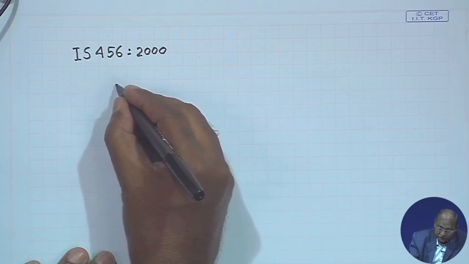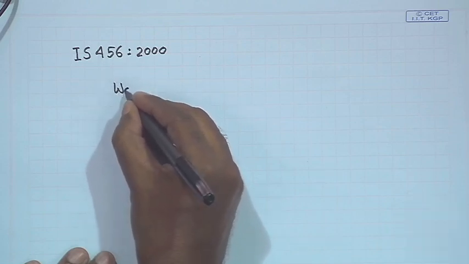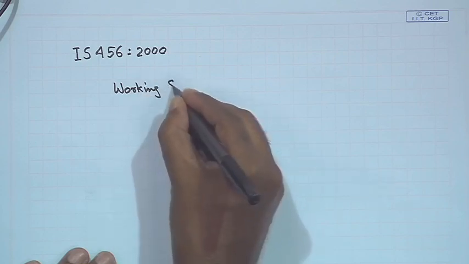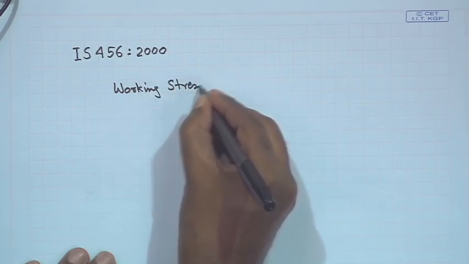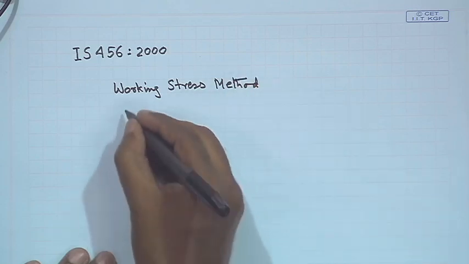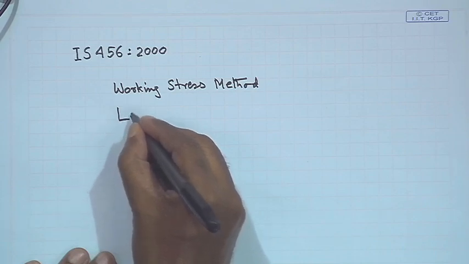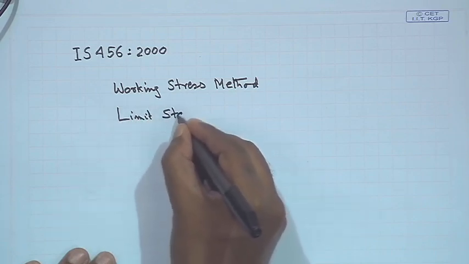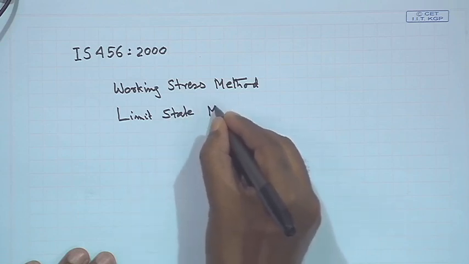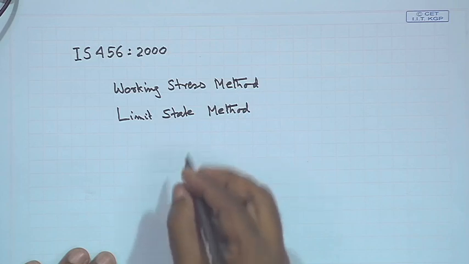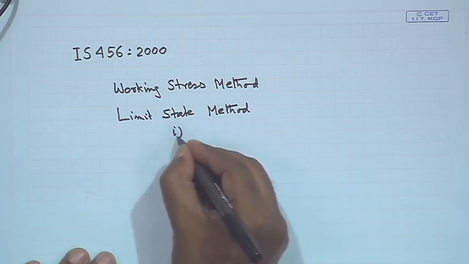We have discussed the working stress method, and then we have discussed the limit state method, and there are two aspects.